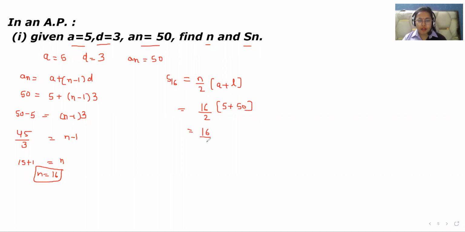So 16 by 2 times 55. 16 multiplied by 55 is, we can eliminate 2 by 16, we get 8. So 8 times 55 is 440. So our n is 16 and our Sn is 440.